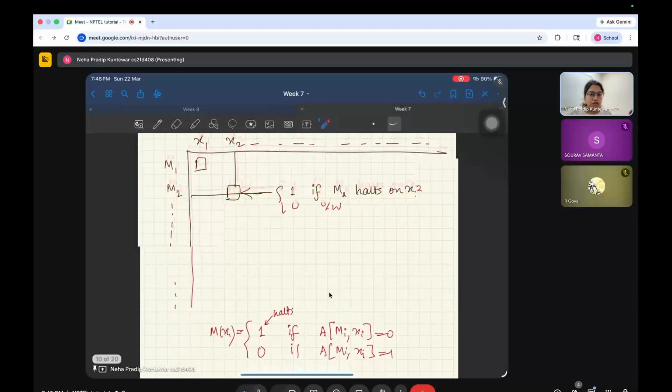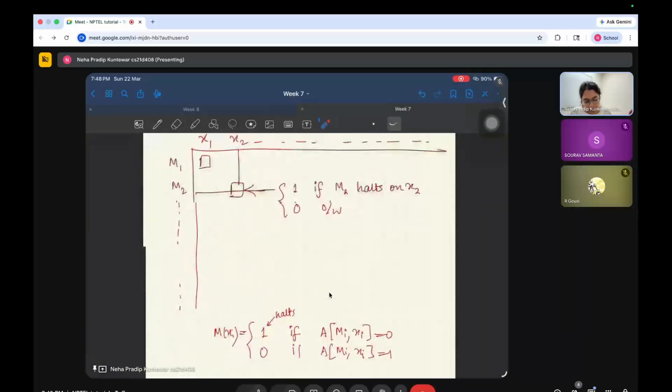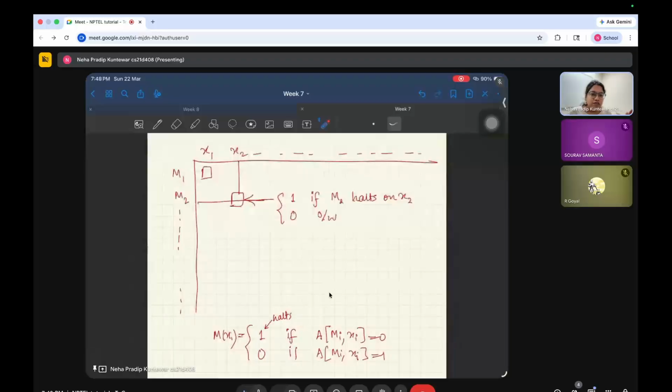So you are just doing the same business here, just flipping the entire diagonal. Okay, and now we are going to say the same thing, that this machine m is not in this list, because with every machine it has something where there is a mismatch in behavior. So m cannot be in this set.